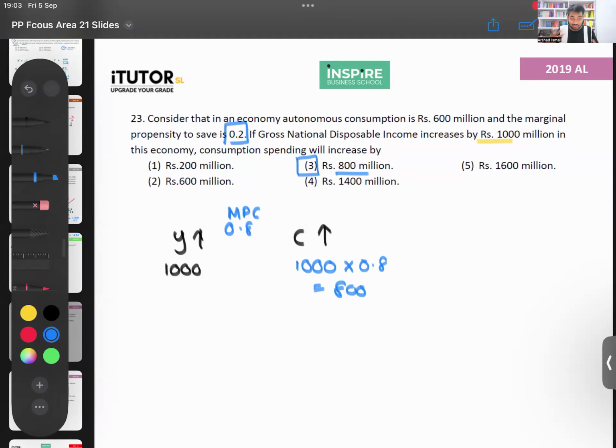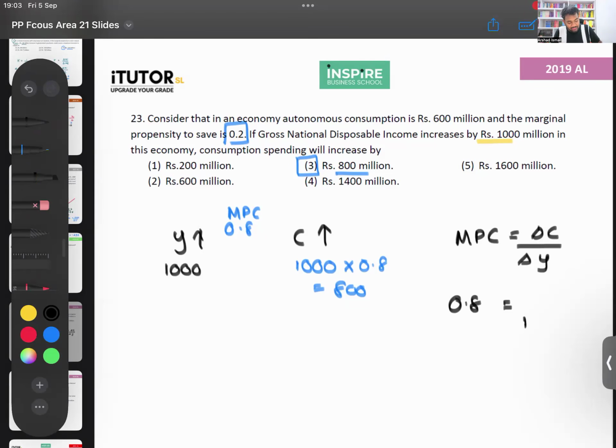There is no multiplier, no story there. But they give you the autonomous consumption part just to confuse you, whether you will add some nonsense, all of it. They are asking by how much will it increase. So if income increases by 1000, MPC is 0.8. Now, what is MPC? If you take the equation, MPC is change in consumption over change in income. So MPC is 0.8.